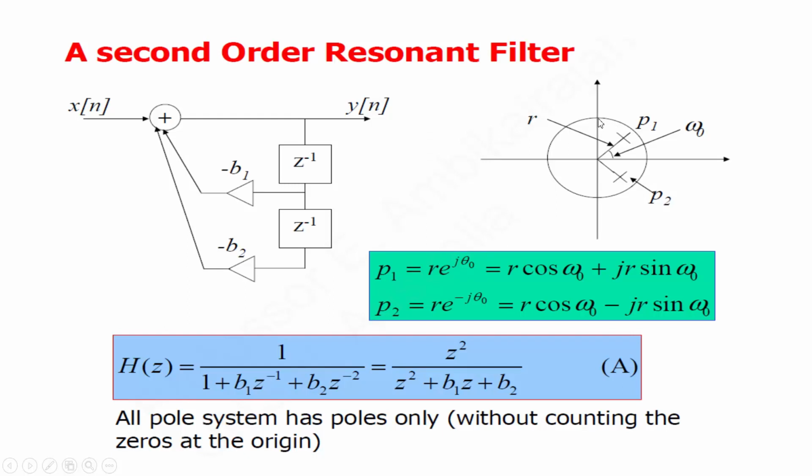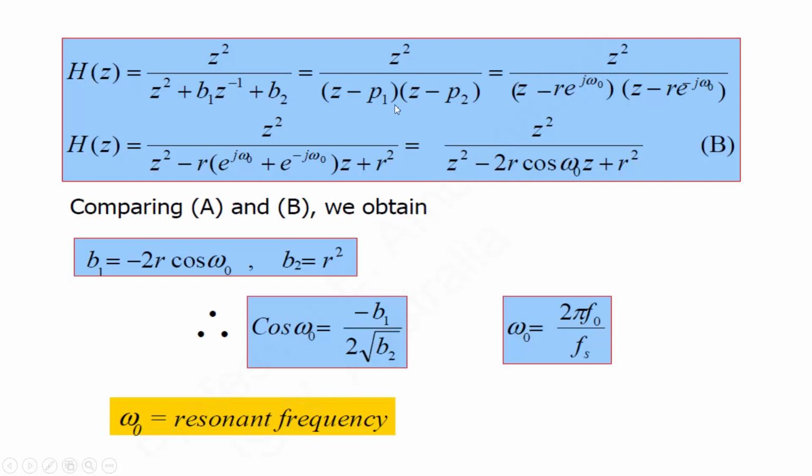At this point the digital frequency is pi by 2, coming back at this point it is minus pi by 2, going like this it comes back here. So at omega 0 this pole lies, and at minus omega 0 this pole lies, because these two poles are a complex conjugate pair. Now if these are the poles, you can multiply inside, and after putting the value of e to the power j omega 0 plus e to the power minus j omega 0, you will be able to achieve this expression after the simplification.